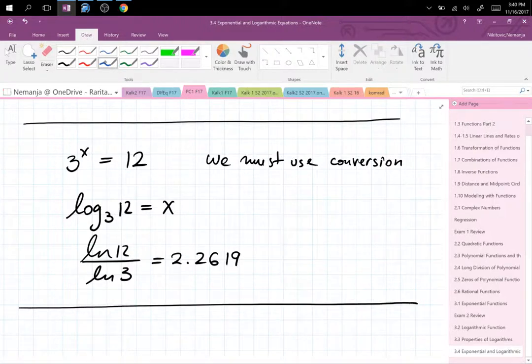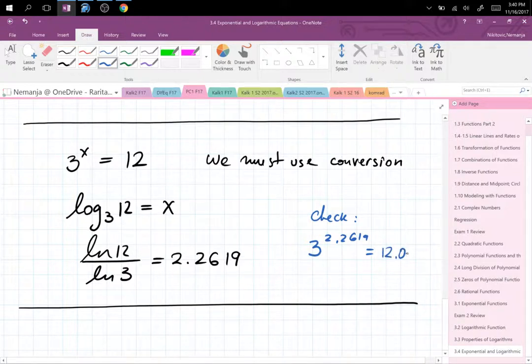Now what I'm going to do is check, because I can. 3 raised to the 2.2619 is equal to what? I get 12.000534 and so on.